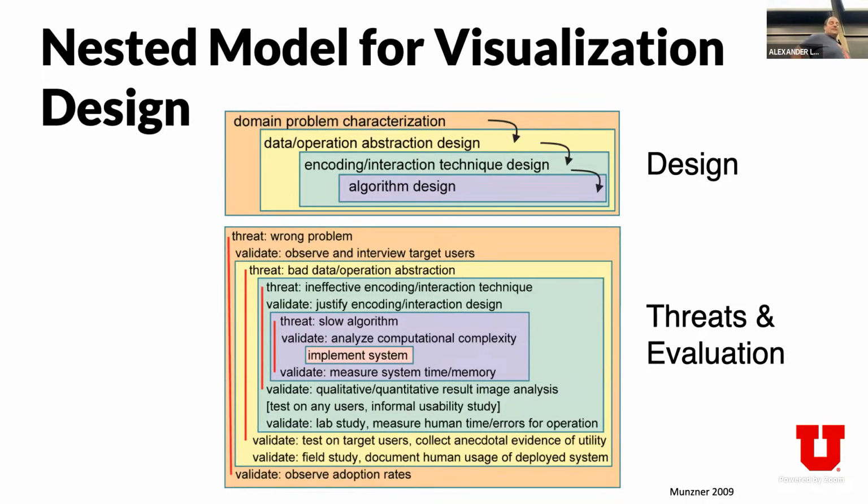And splitting it up like this lets you think about what some threats to validity are. It's maybe just a fancy way of saying, what are things that could go wrong at each of these stages? And how could you validate it, either before you build something or after? In the domain problem characterization, the threat could be that you're working on the wrong problem.